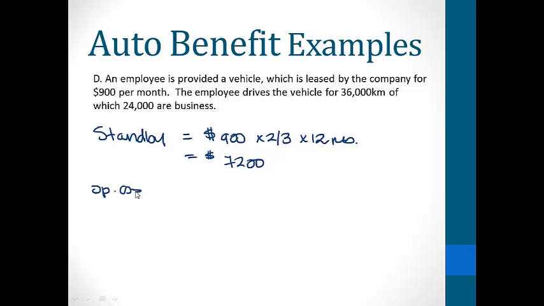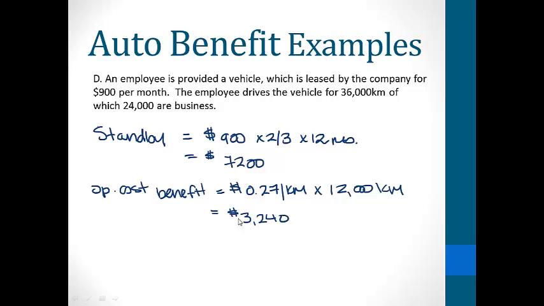Our operating cost benefit is going to be 27 cents a kilometer times 12,000 kilometers. So my total auto benefit is going to be $10,440.